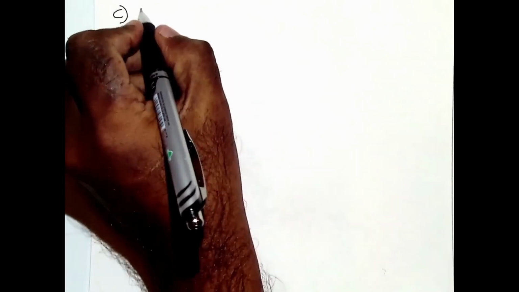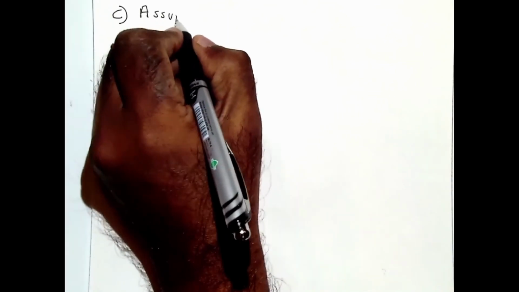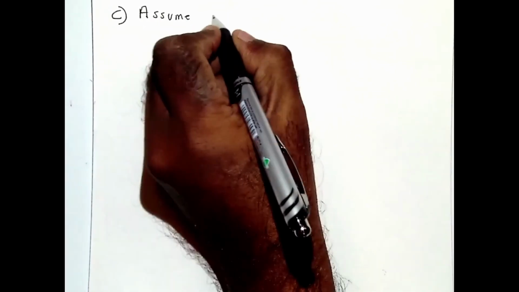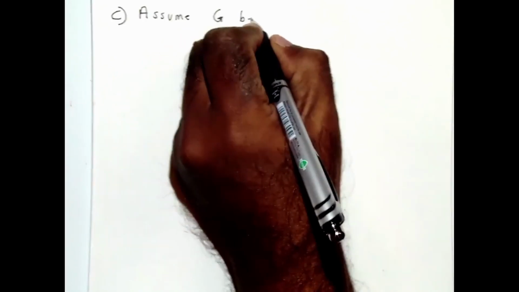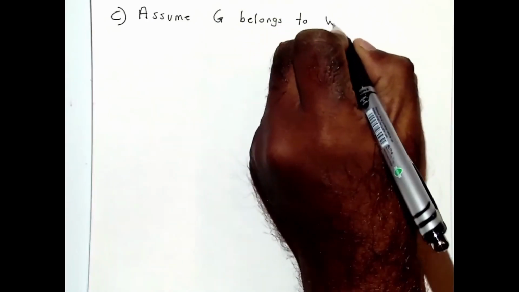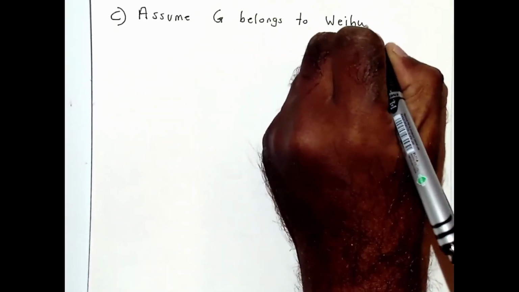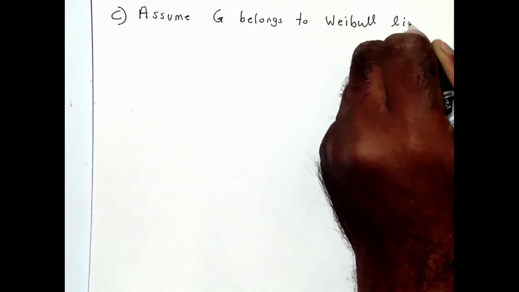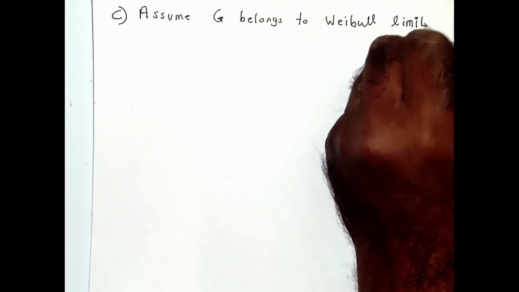All right. So we have proved part A and we have proved part B. So the only remaining part to prove is part C. So let's assume that G belongs to the Weibull limit, right?